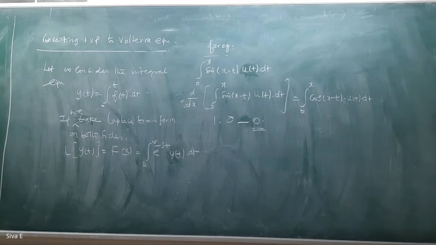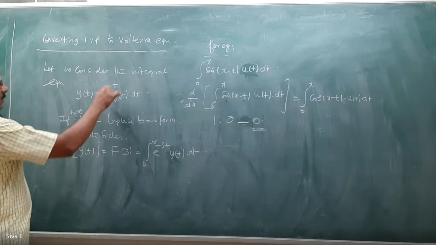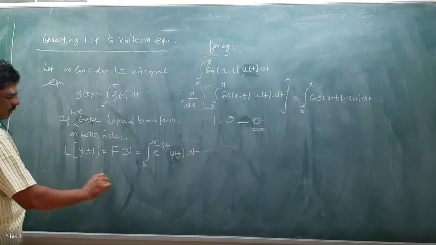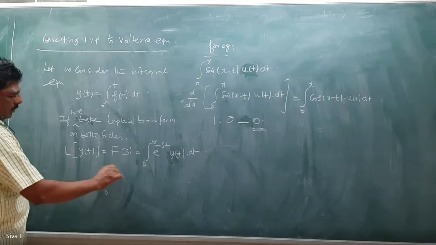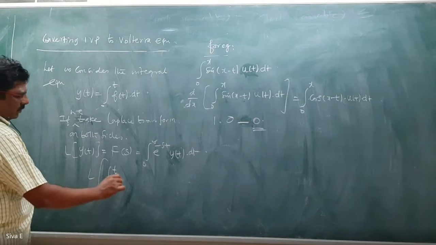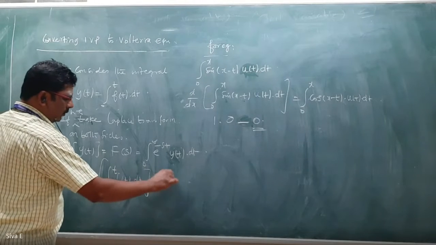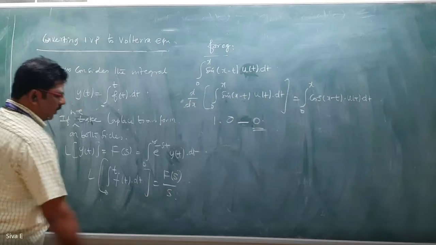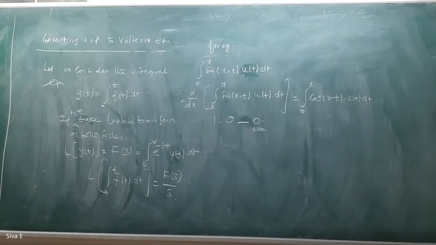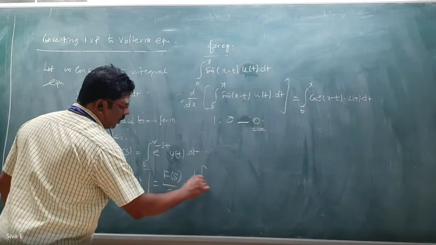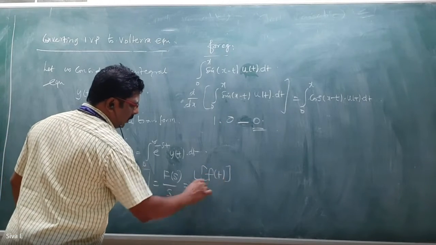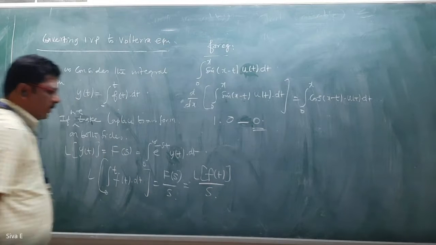This is a formula. But here, taking the Laplace transform of the integral from 0 to t of f of t dt is what? Integral over 0 to t, the Laplace transform of f of t, that is equal to f of s by s. Otherwise, L of f of t by s.